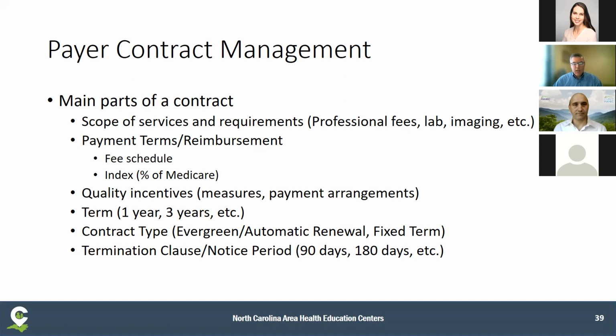So really understanding the scope of services and requirements of your practice, and then understanding how you're going to get paid. What type of reimbursement is there? Again, is it just a fee schedule, fee for service? Is the payment term based on some type of index, meaning you get paid an X percentage of the Medicare rates? So understanding exactly how you're going to get paid will help you understand how to manage that particular payer.